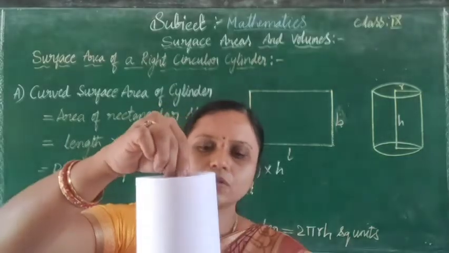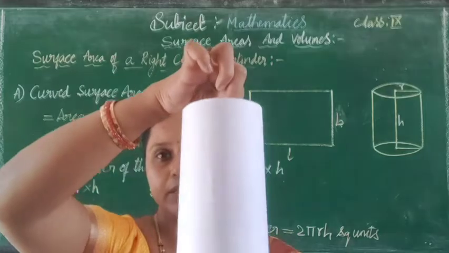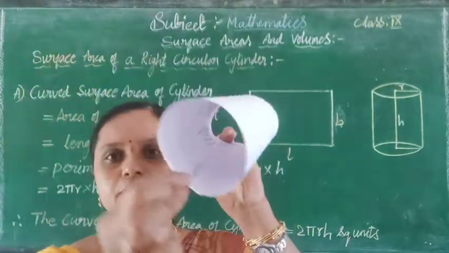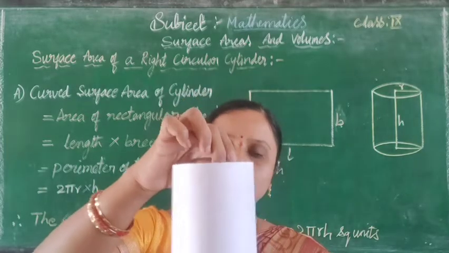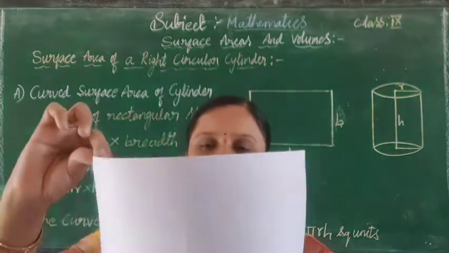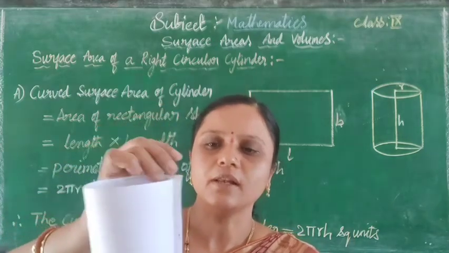So how to find the curved surface area of this cylinder? You can look at this one. This is in circular shape. When you take the base of the rectangular sheet and fold it, we get the cylindrical shape.